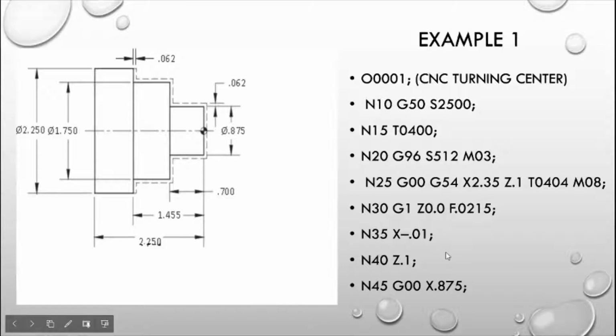N40 is again the sequence number, Z is 0.1, that comes again to its position after cutting the material. N45 is again the sequence number, G00 is the rapid traverse, the position of the X axis is 0.875.